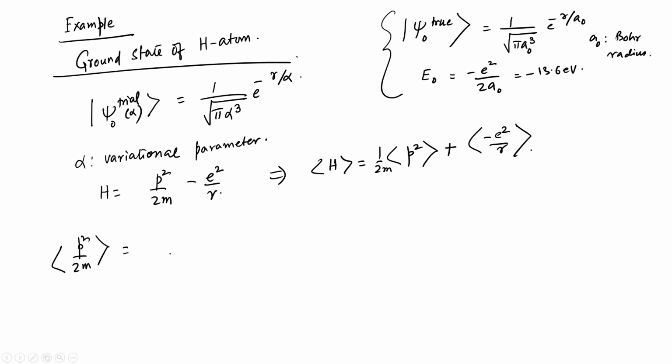We can do that term by term. So, there is a 1 over pi alpha cubed, minus h bar square over 2m. Remember that this p square is minus h bar square, and then there is a del square, but now this del square has an r term and a theta phi term, and the r term will have to be considered here, because the trial wave function that we have taken does not depend upon theta and phi.